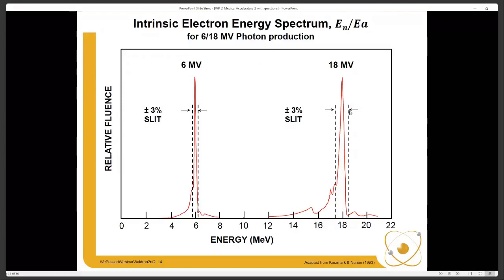And we can see we have a peak at about 18 MeV, and we have some spread. Of course, 3% of 18 MeV is going to be about 3 times the width of 3% at 6 MeV. So these dashed lines are much farther apart, and we can see we're chopping off just lower energy and higher energy. And really, this is what we're demonstrating with this figure.